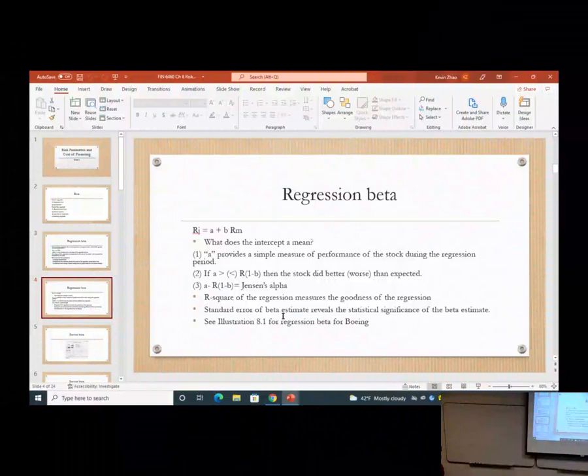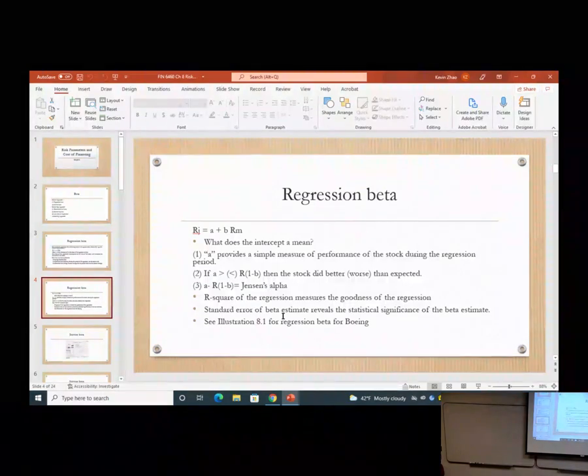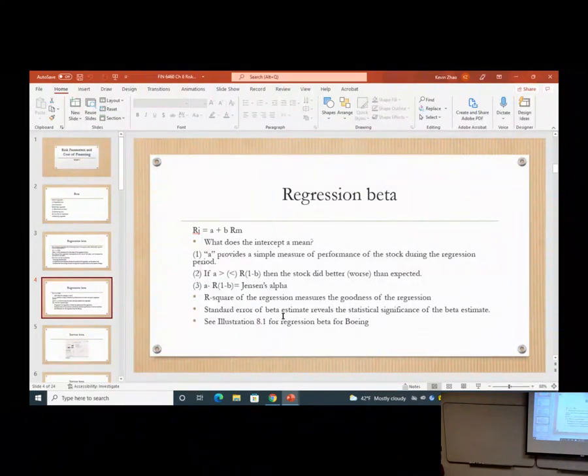Which means in this case, this beta can explain less than 20% of stock return variation. It is an explaining factor, but not as powerful as like 90% explaining power. It's not.